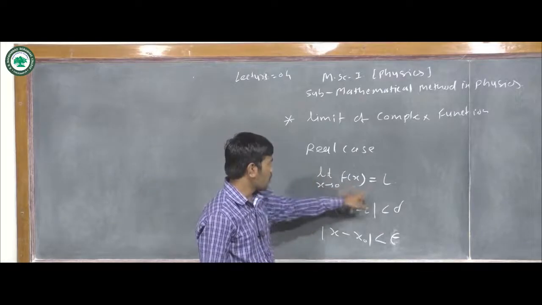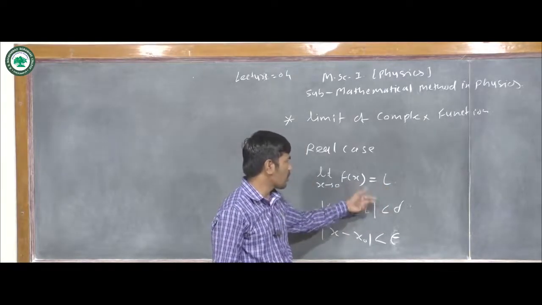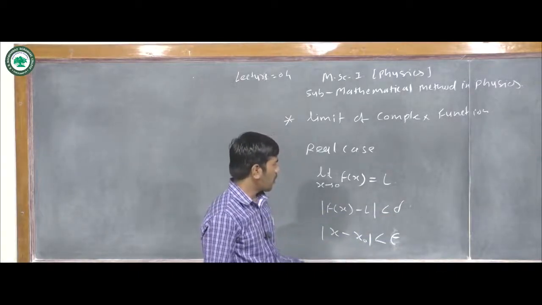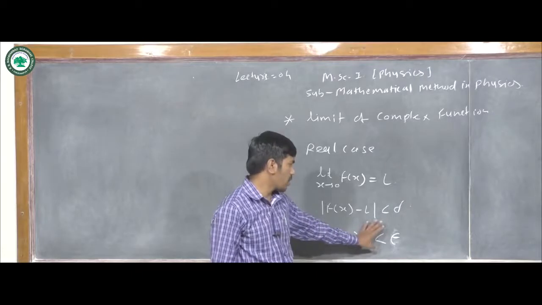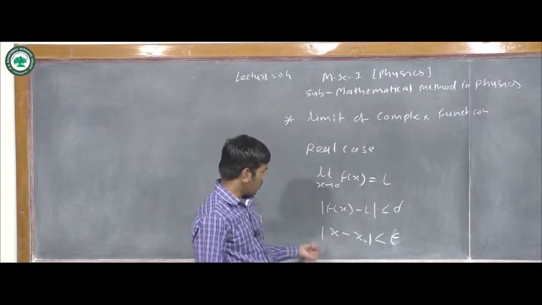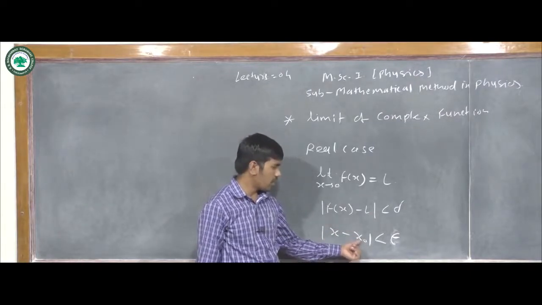This L is a real number, the limit of the function, and delta and epsilon are two positive quantities. What happens when this x naught is a point we consider in the real case?